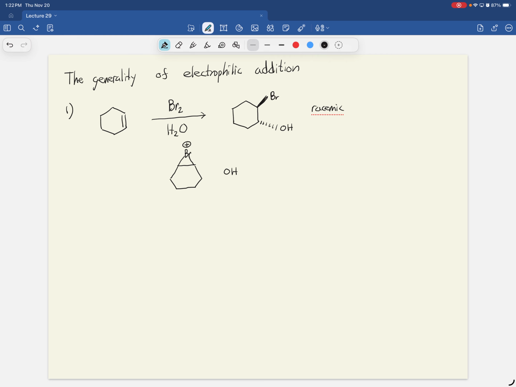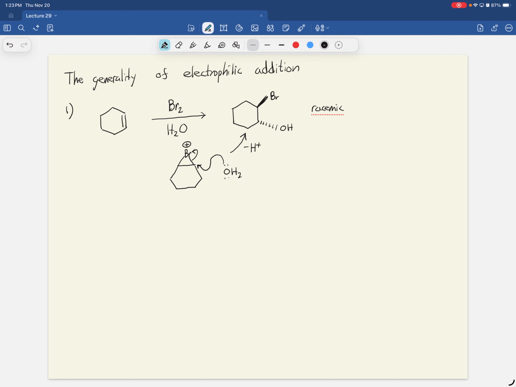There's lots of water, so water will come around and attack in an anti-fashion, and that's how we get this guy right here, okay? And usually the extra hydrogen just falls off because, remember, like an SN1 mechanism, it's very acidic. So I could just draw minus H plus happening right here.